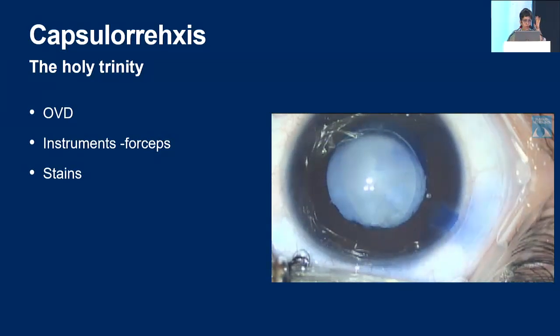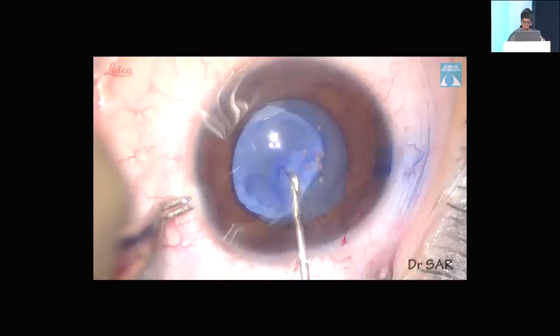But now, thanks to the staining, thanks to having a really stable anterior chamber, it is really not that difficult. And as you can see, my tearing forces were always directed towards center. And using a microcapsular forceps also allows me to do the rhexis without doing a main tunnel, and you can do it through side entry through a small incision as I am doing here.